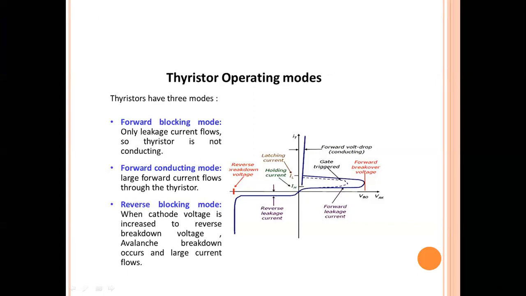In the first, we apply the supply potential to this anode as well as the cathode, such that the anode is made more positive with respect to the cathode. That is one mode in which we connect the device.